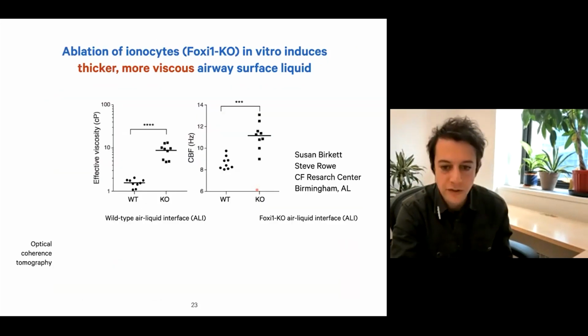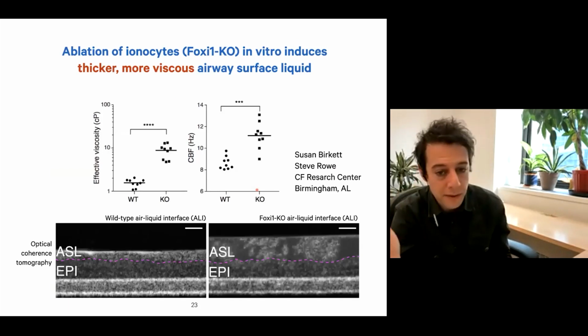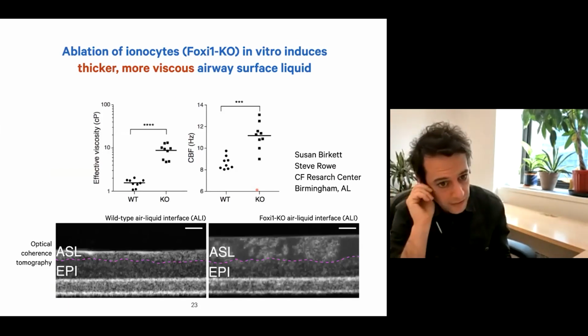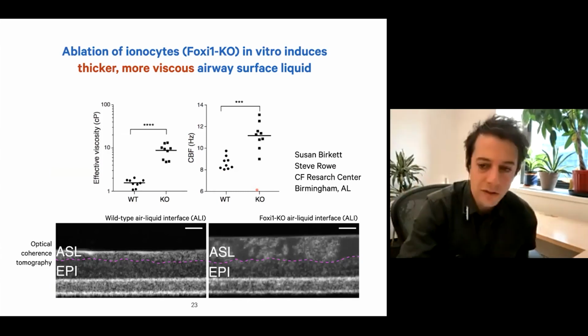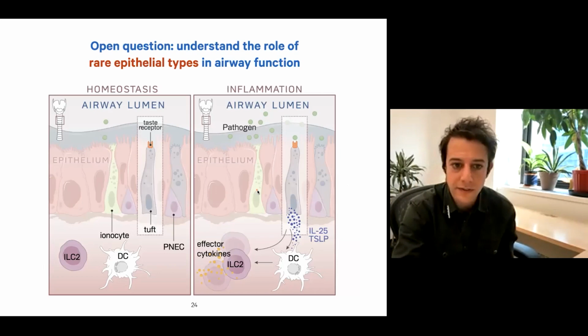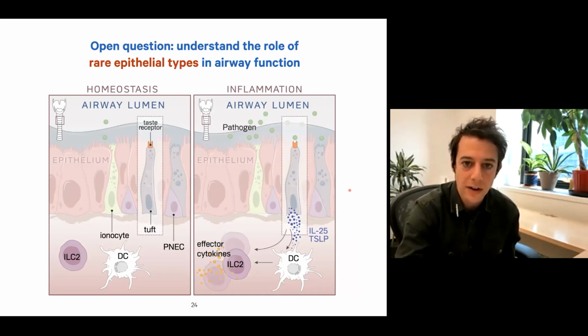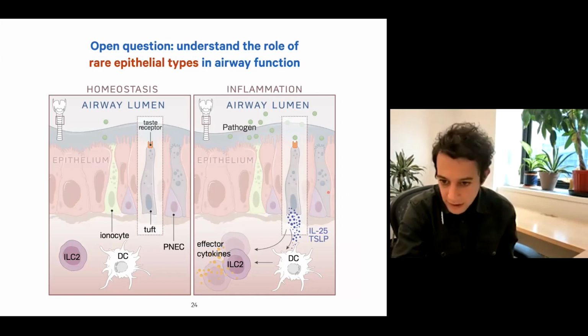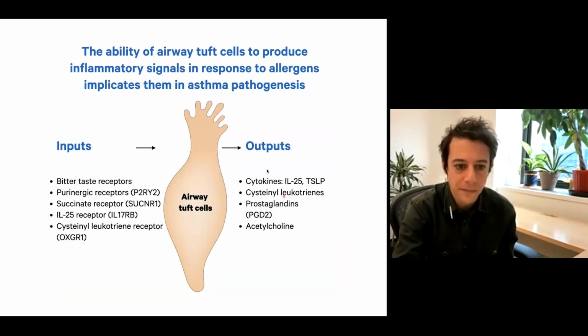So yeah, I guess just to close that out, the pulmonary ionocyte was therefore implicated in the pathogenesis of cystic fibrosis, because all of this mucosal pathology are sort of hallmarks of CF disease. So an open question coming out of these studies was, okay, we've started to identify new and rare epithelial types in airway function, but what are they actually doing, not just in homeostasis, but also in the context of inflammation?